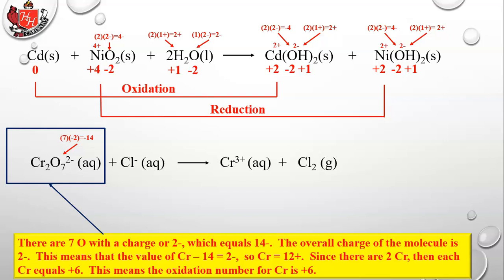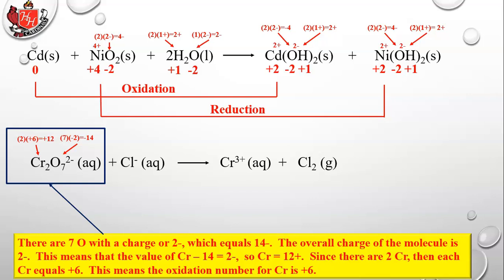The oxygen is -14. The overall molecule is -2. So what does chromium have to be? It's just a little algebra problem. Chromium minus 14 will give you -2, and the answer is +12. Since there are 2 chromium ions, each chromium equals a +6. This means that the oxidation number for chromium is +6.